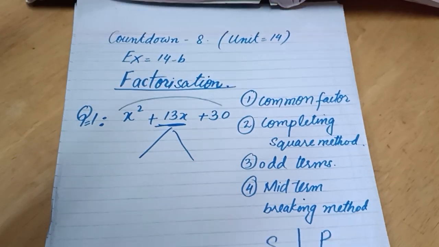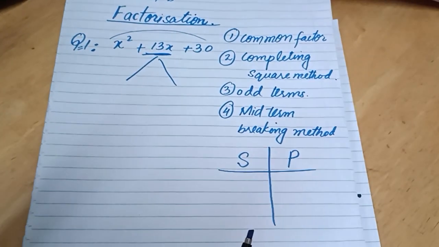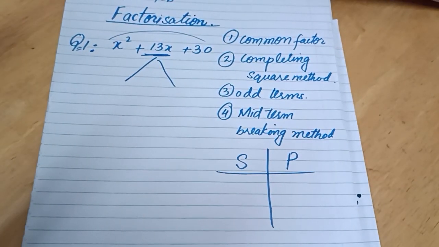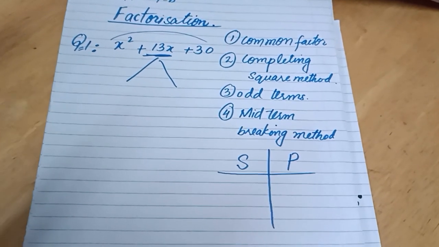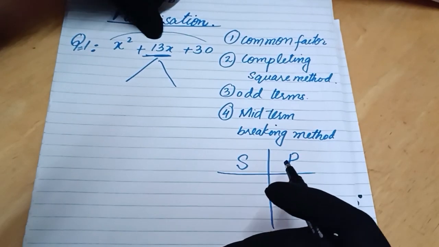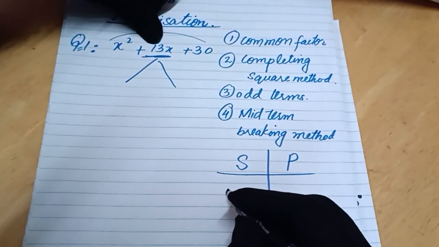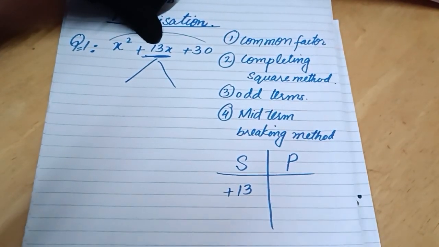Let me explain again in simple ways: check the sum and product. What is the sum? The coefficient of the middle term is taken as the sum along with its sign.